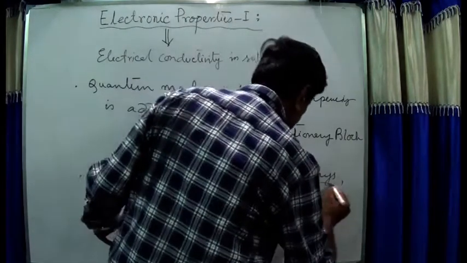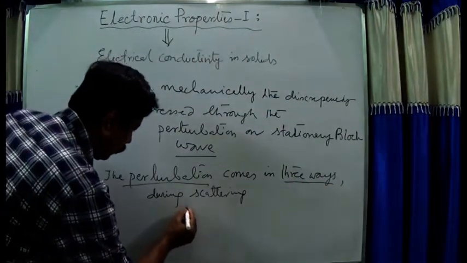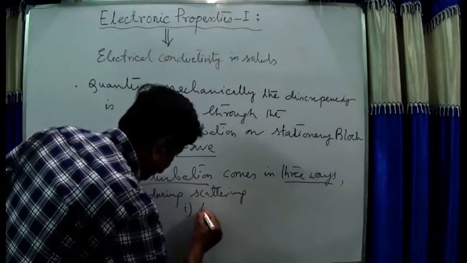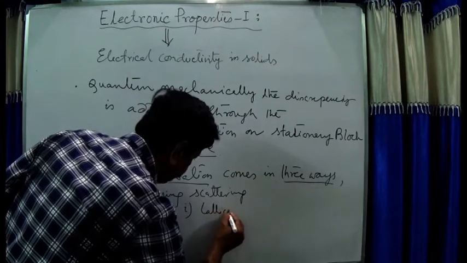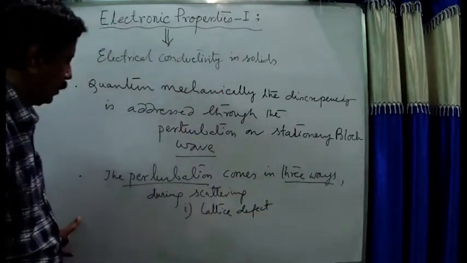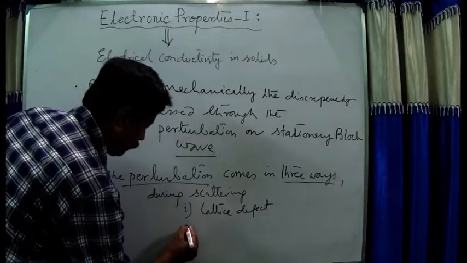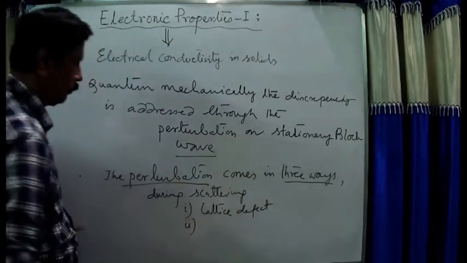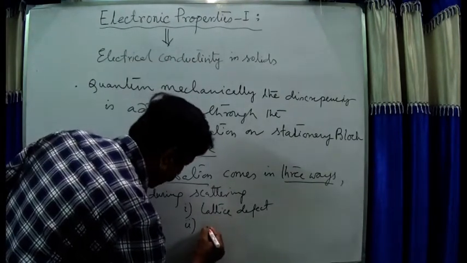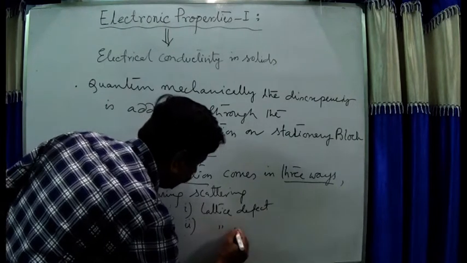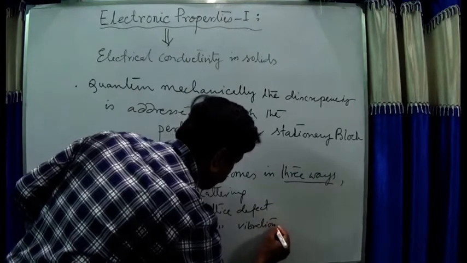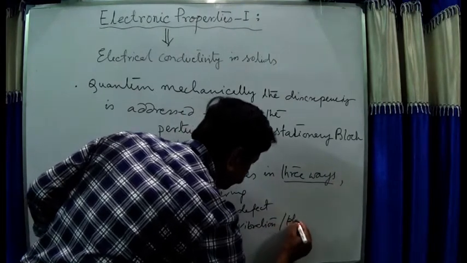The three ways are: one, the scattering from lattice defect, the second way is due to scattering from lattice vibration, or phenomena.